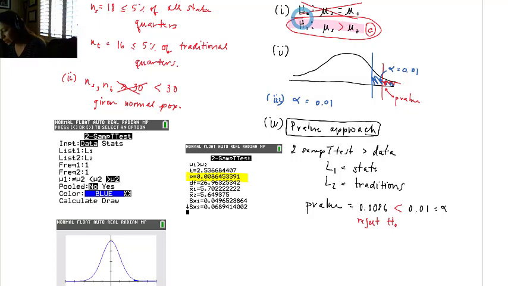All right, so let's write a nice little sentence regarding the awesome quarters that we just tested about.